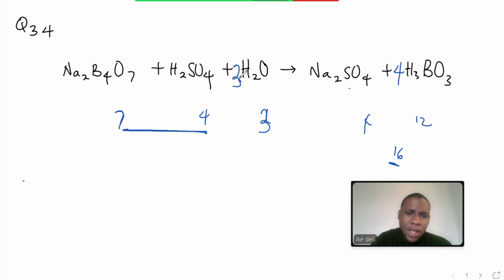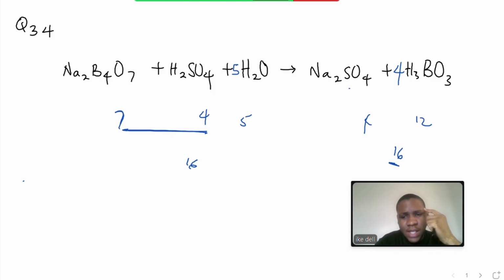If I place a 4 here, this becomes 4, so now it's 11 plus 4, 15. And if I place a 5 here, it becomes 16, right? Which is what I want. So that 5 there will help me to balance my oxygen.